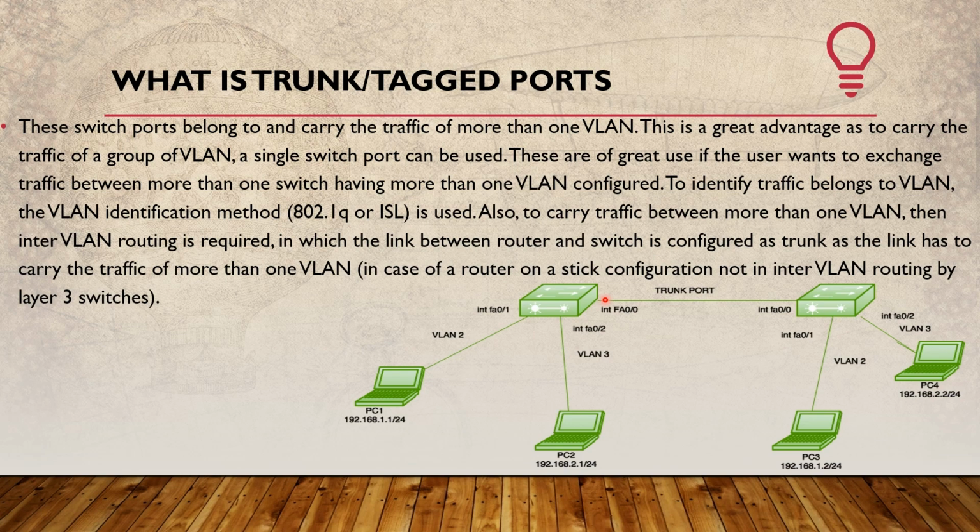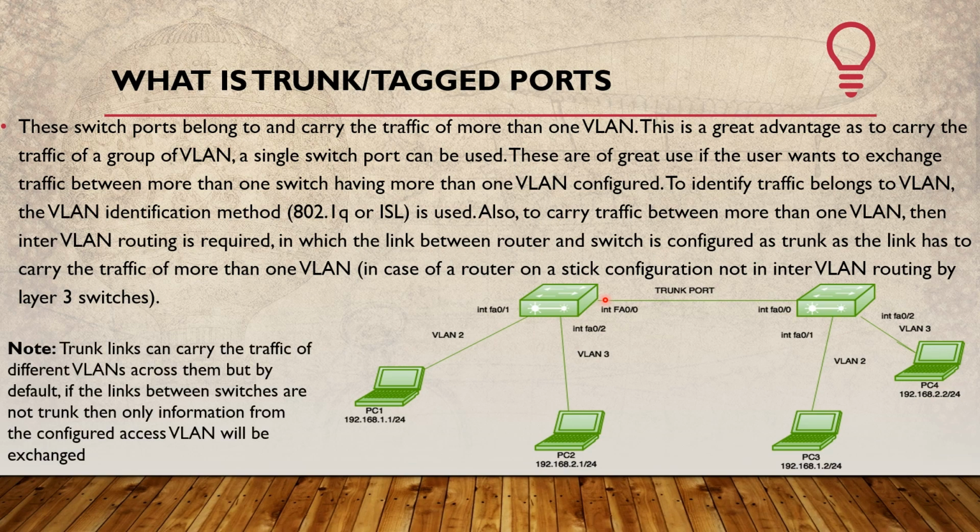For that purpose, the trunk port, or tagged port, helps us. The trunk port can carry the traffic of different VLANs across it, but by default, if the links between switches are not trunks, then only information from the configured access VLAN will be exchanged.